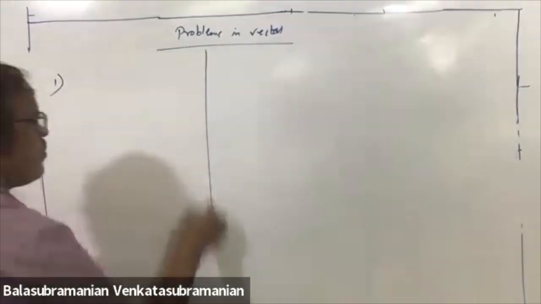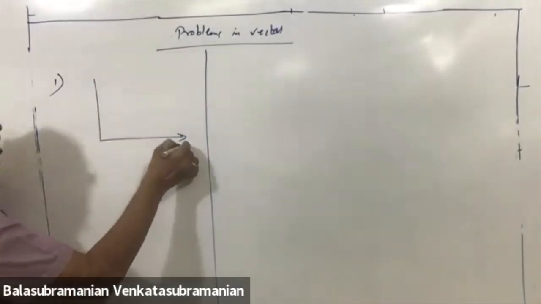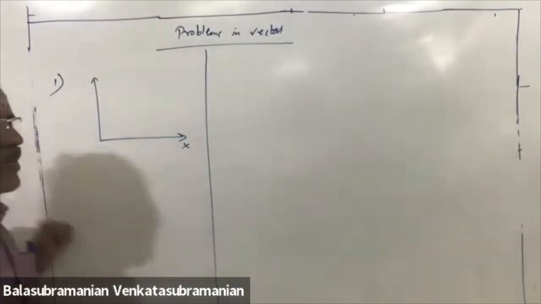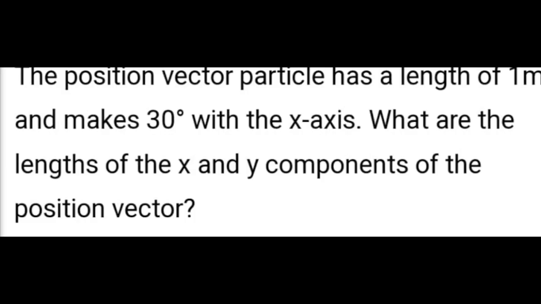Components of a vector: the length of the vector they have given us is 1 meter, making an angle of 30° with the x-axis.